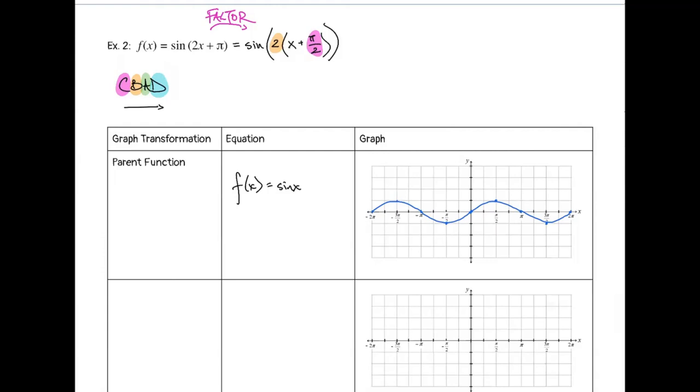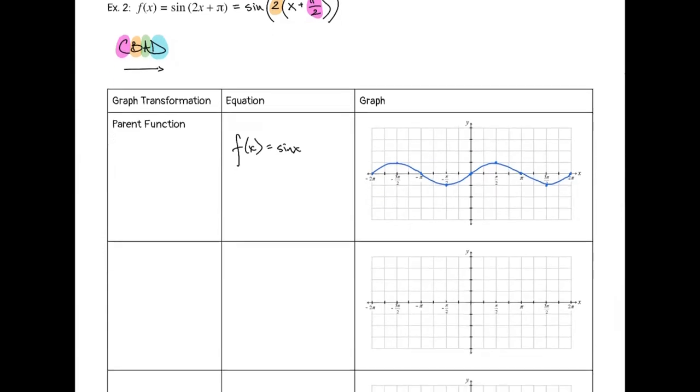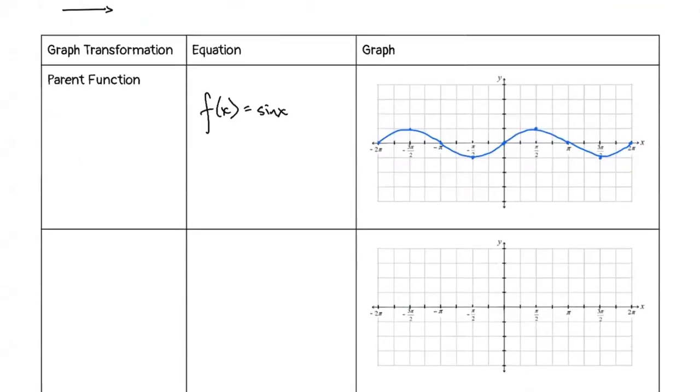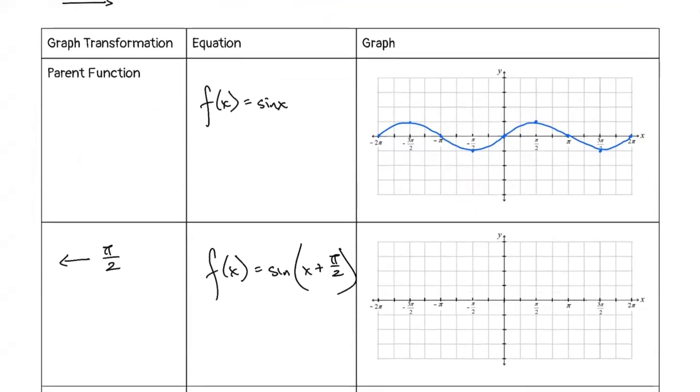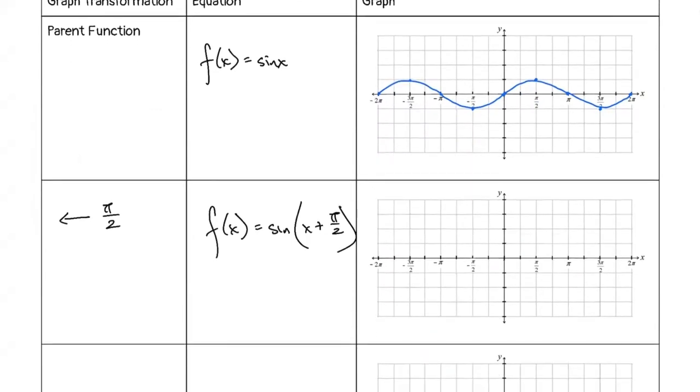Shifts it horizontally, be more precise. For f of x equals sine of x plus pi over 2, it would move to the left pi over 2. Perfect.